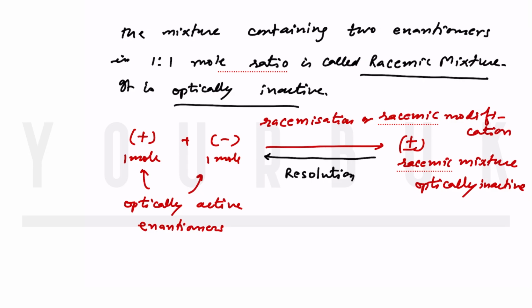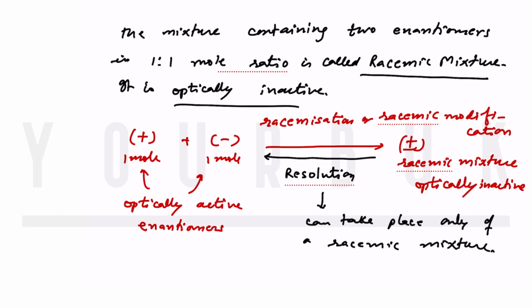But remember, resolution can take place only of a racemic mixture. So if we write my compound is capable of being resolved or the resolution is taking place, it means my compound is a racemic mixture and is optically inactive but contains a chiral carbon.